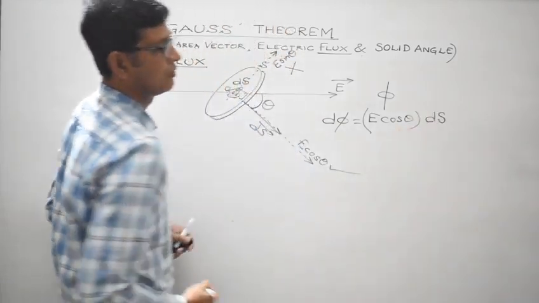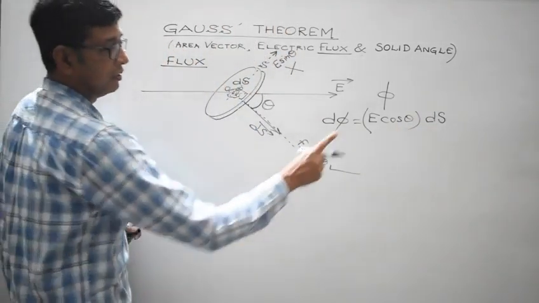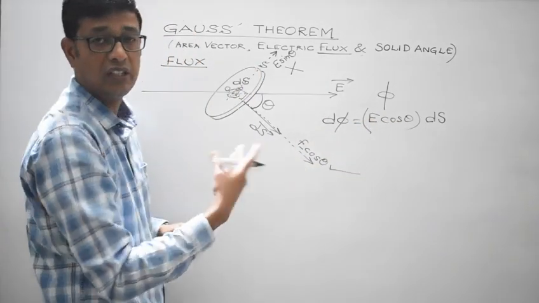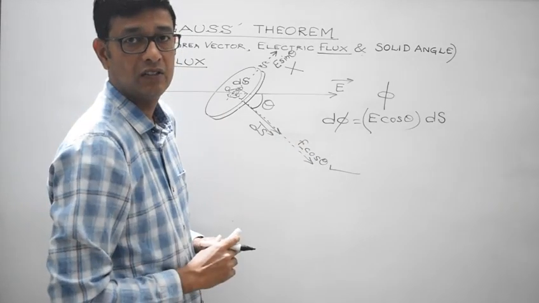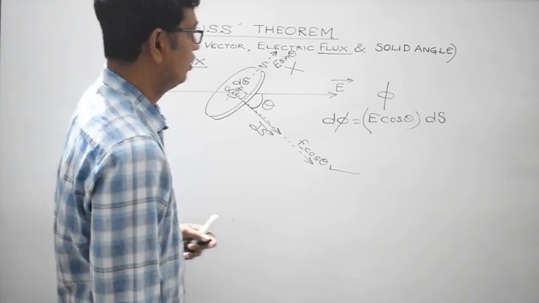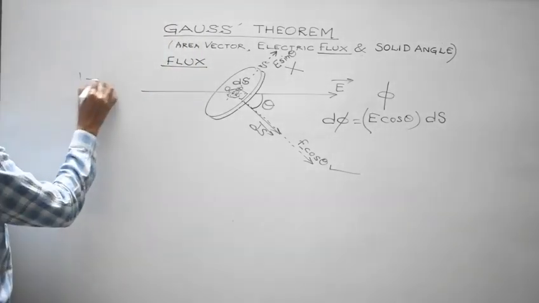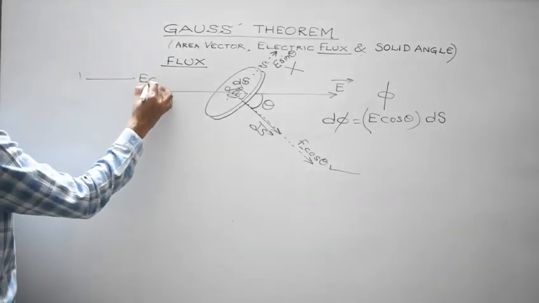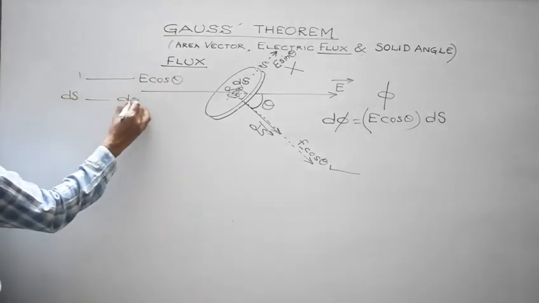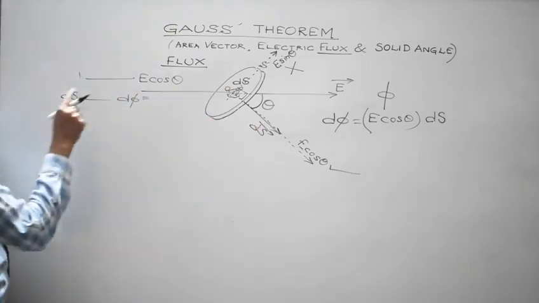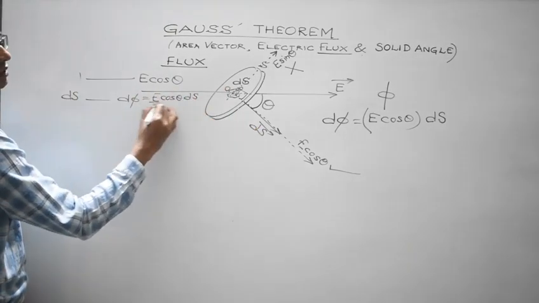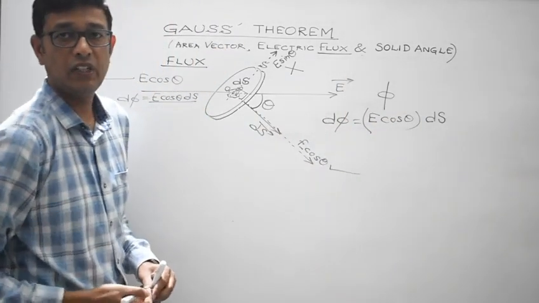So only this component of the electric field which is perpendicular to the surface contributes towards the flux. You can justify the statement by the unitary method as well. Through unit area, the electric field lines crossing normally is E cos theta. Through area ds, the flux, which is the number of field lines crossing normally through this area, would be E cos theta multiplied by ds. So this is the expression, right?